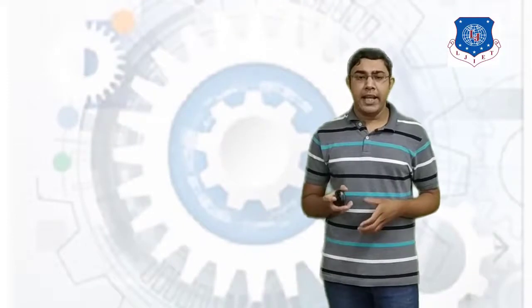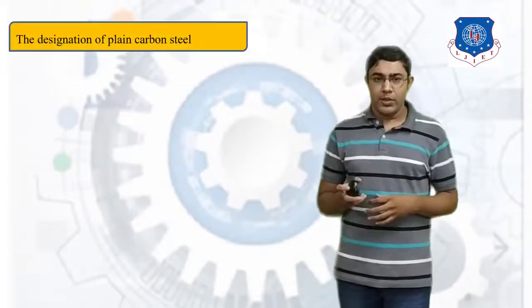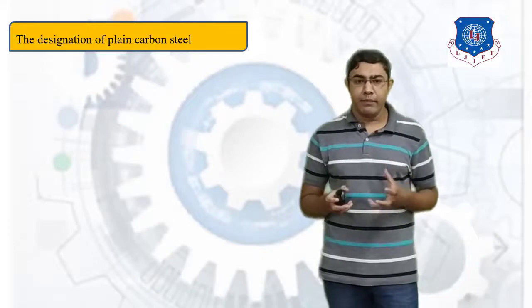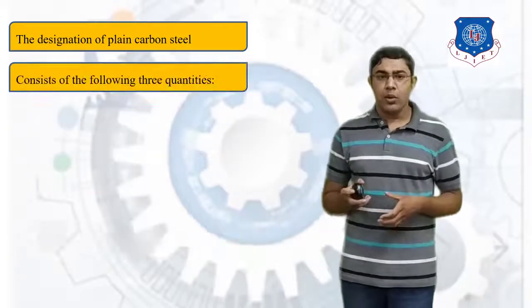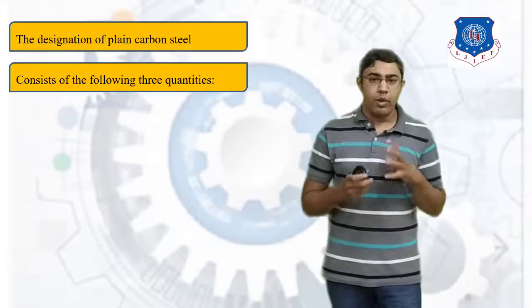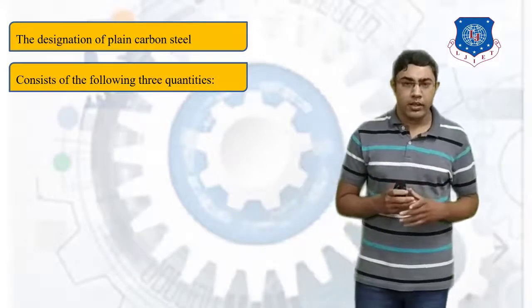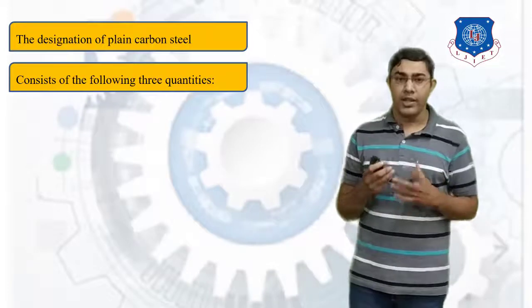Now the next topic is designation of plain carbon steel. The designation of the plain carbon steel consists of the following three quantities.